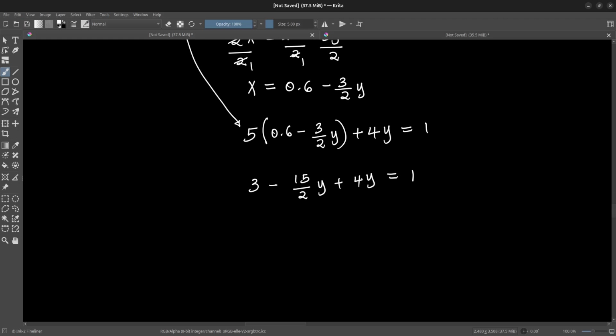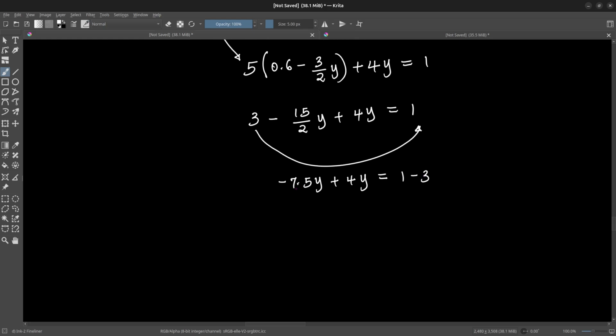So in this case, we are going to take this 3 to this side, and on this side we are left with negative 15 over 2. That's the same as negative 7.5y plus 4y is equal to 1, and then when 3 goes to the right side, it becomes negative.